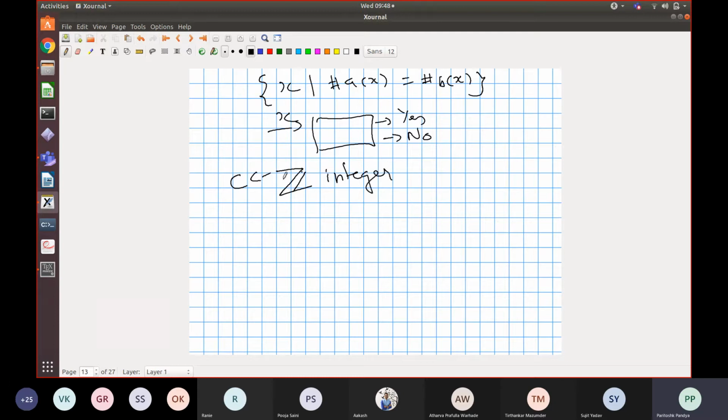So now we represent numbers as signed numbers, and the operations we are allowed are increment or decrement the counter, and finally the operation to test for 0. So we ask whether the counter C is 0 or not.